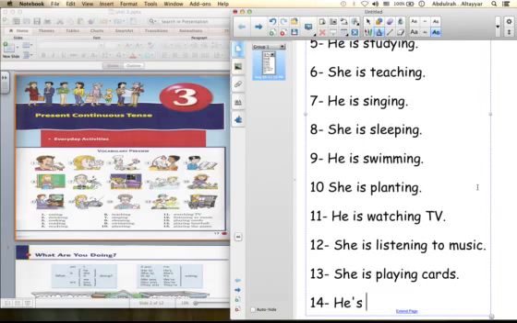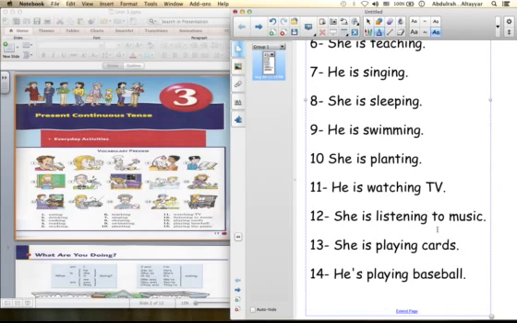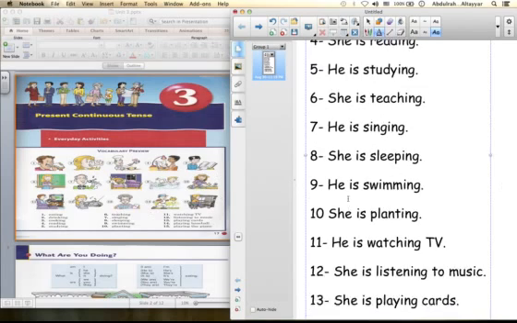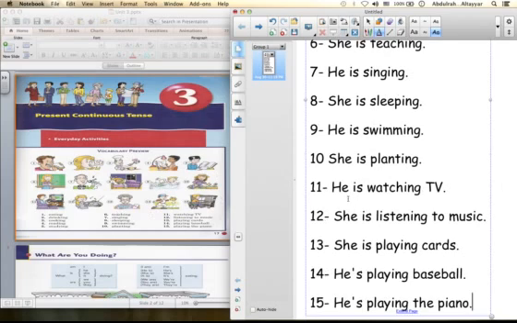We can say he is, or we can say he's playing baseball. Last but not least, he's playing the piano.